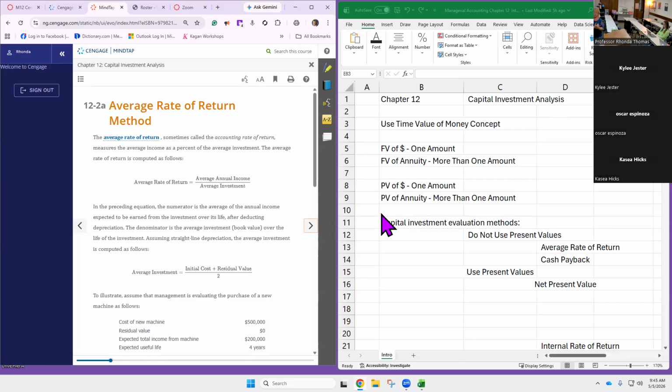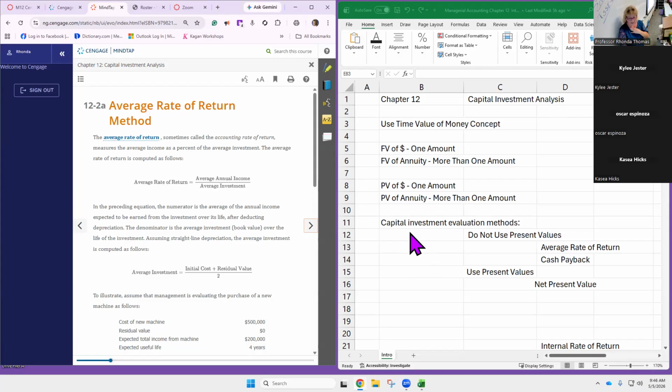An annuity is payments of the same amount every period. It might be every month, it might be every year, but it has to be more than one amount. So when you see that word annuity, that means more than one amount.